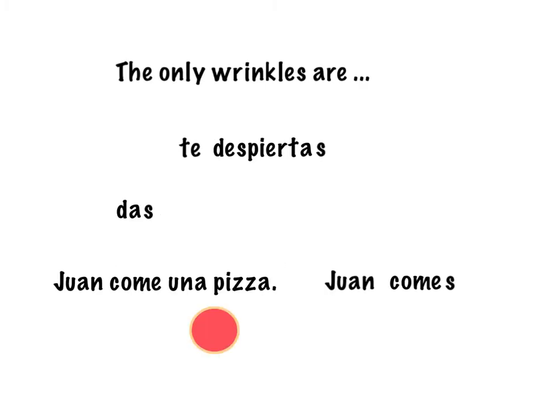Okay, there are a couple of wrinkles. It's really easy to make them, but there are a couple of little weirdnesses that we have to pay attention to. So if we have a verb like te despiertas, that is reflexive. It has a reflexive pronoun here, meaning you wake yourself up. Your mom doesn't have to come in the room and wake you up. We'll follow what I said already, which is take that S, make it go away. But we have one more thing to do.